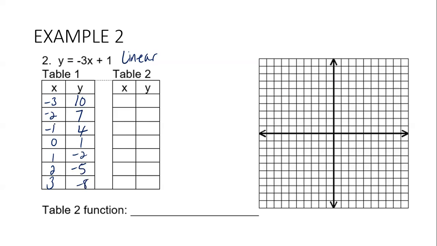So these are the values of my y, right? Now I want to do the inverse. How do I find the inverse? I just gotta switch the x and y. So the inverse would be 10, -3, 7, -2, 4, -1, 1, 0, -2, 1, -5, 2, -8, 3.